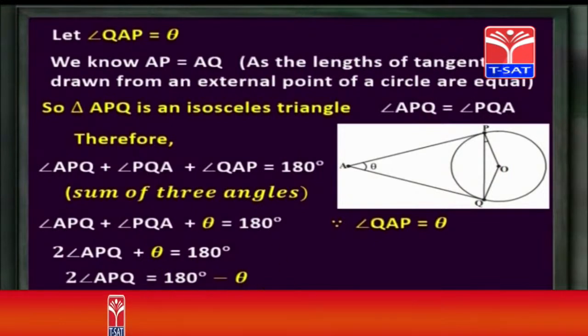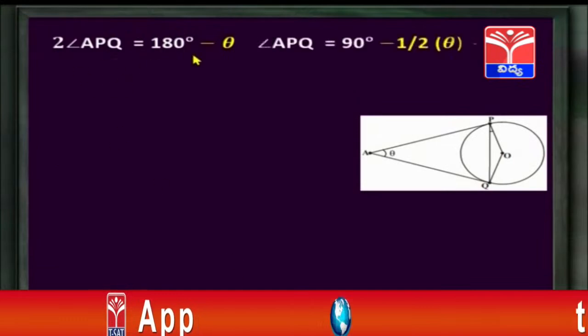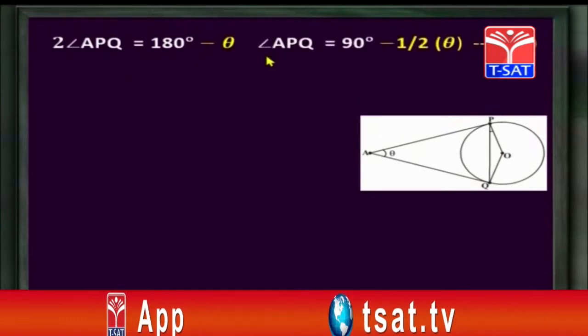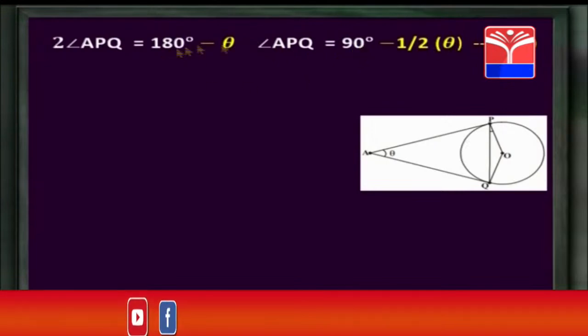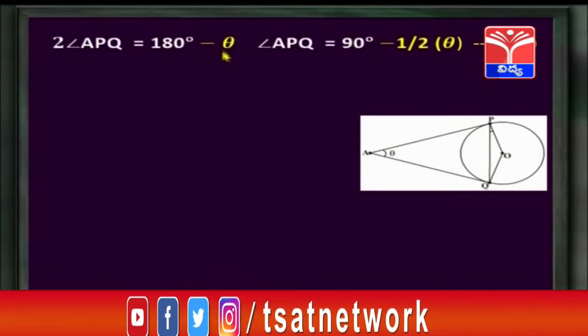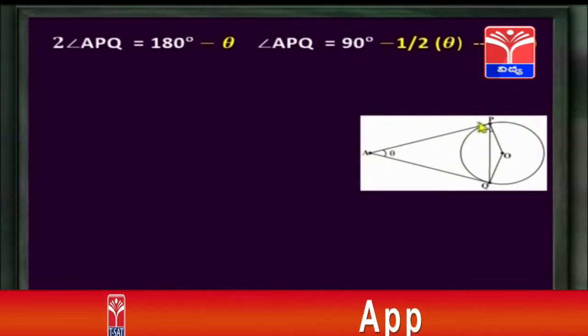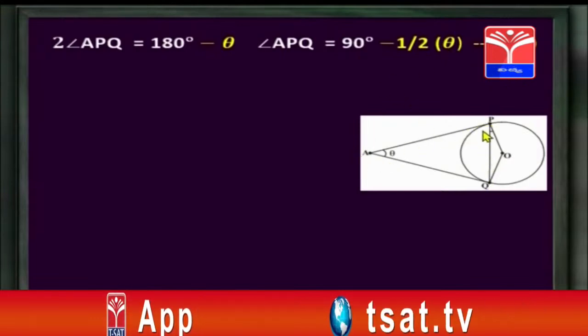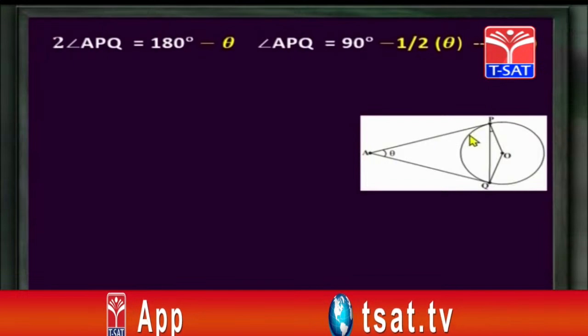That means APQ is equal to 90 minus 1 by 2 into theta, since 180 by 2 is 90 degrees and theta by 2 is 1 by 2 into theta. So, APQ I got as 90 minus 1 by 2 theta.